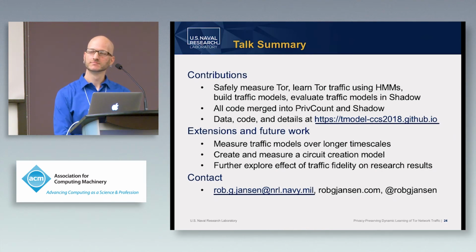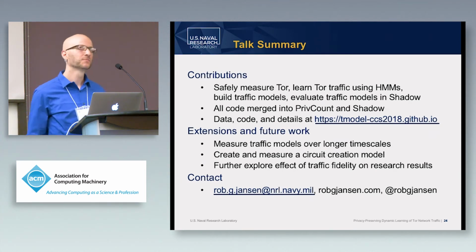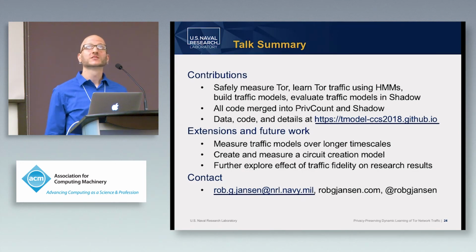So I didn't see anything on jitter or latency variation in your papers. Did you think about that, or are you using just what's currently in the Shadow model from before? So you're talking about the model that we enhanced with the new latency measurements. Yeah, we did. I think we might have some statistics about that.